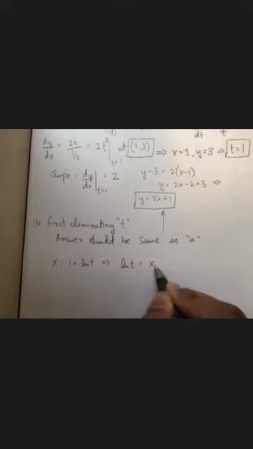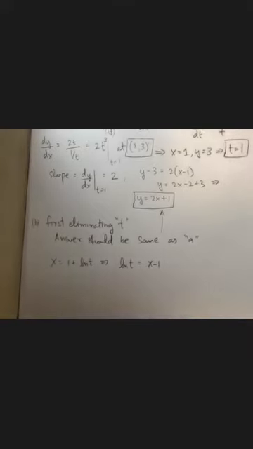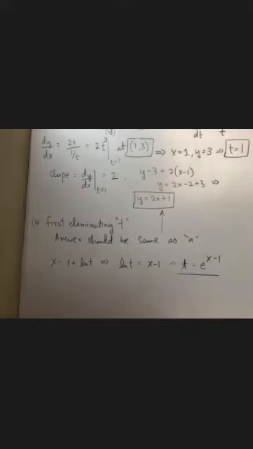So this means, or t equals exponential x minus 1. So now we have t in terms of x. Now we substitute it in the equation for y.